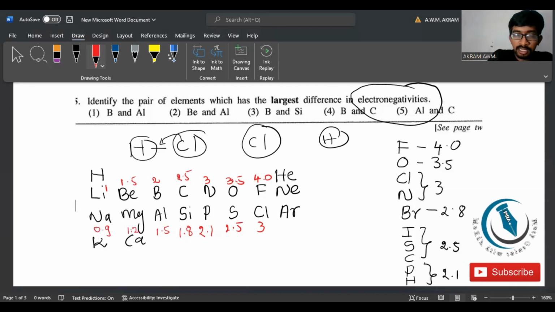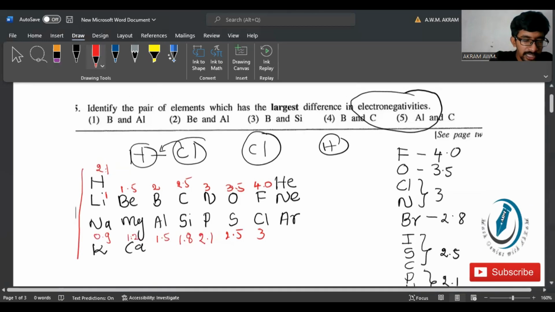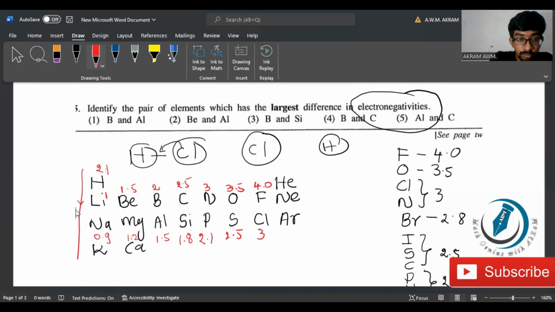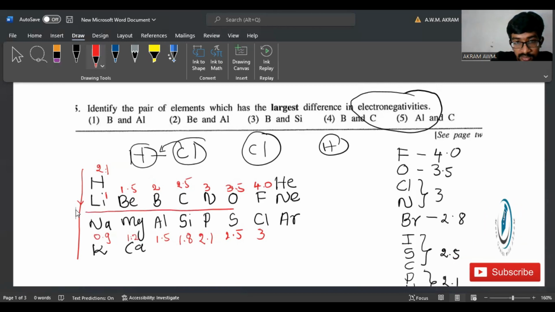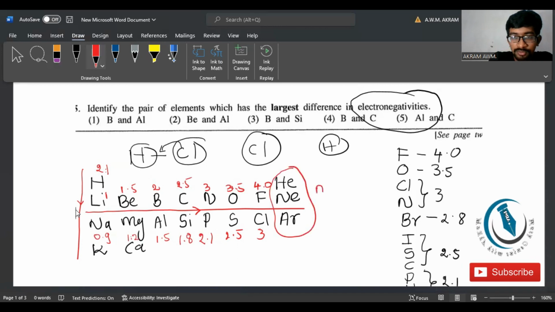Earlier we saw hydrogen has the electronegativity value of 2.1. From top to bottom in a group, the electronegativity will reduce and electropositivity will increase. From left to right in a period, the electronegativity value will increase.